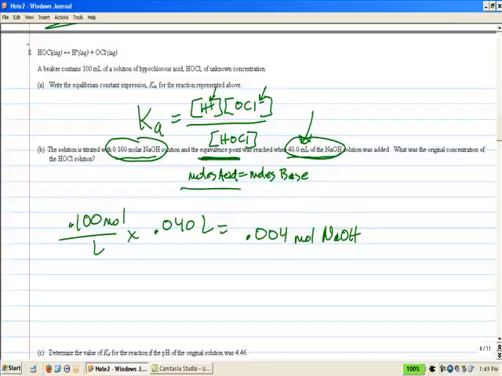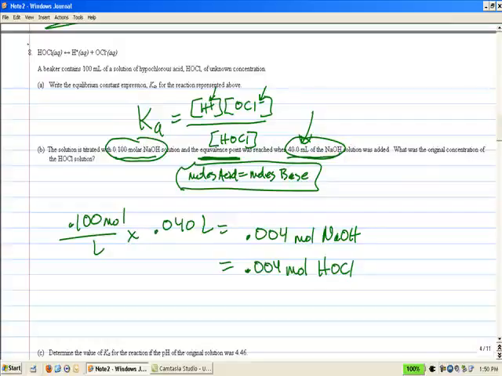And what we know is at the equivalence point, the moles of the acid equal the moles of the base. So to reach the equivalence point, you had to have 0.004 moles of base, which also means you had to have 0.004 moles of the acid, HOCl.